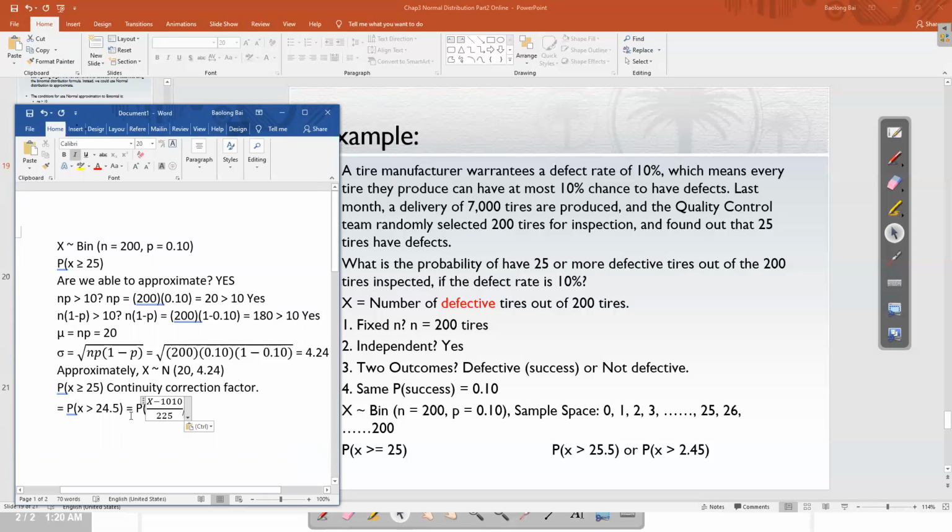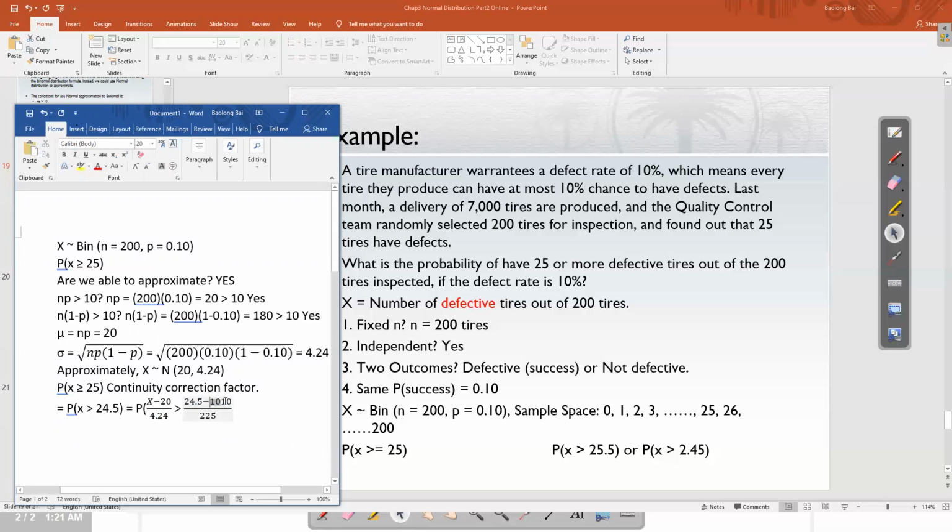Right, so on both sides, we're going to subtract the mu. Mu is 20. And divided by sigma, sigma is 4.24. Right? And then we're going to do the same thing on the other side. The other side is 24.5. It's coming from here, right?